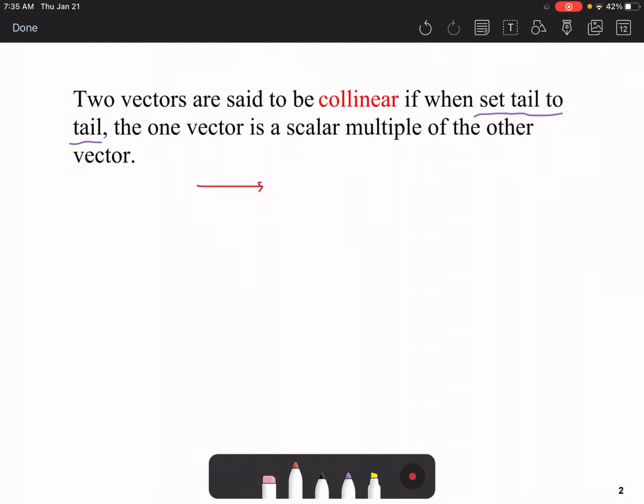Let's say this is vector A, and this is vector B. What you can see is that vector B is some multiple of vector A. And those are collinear.